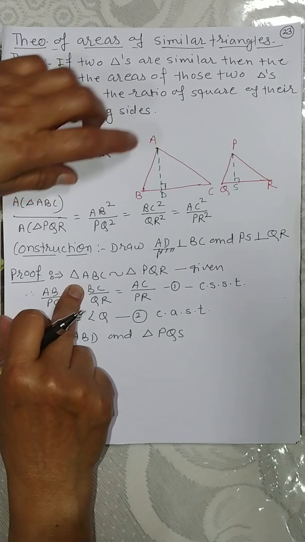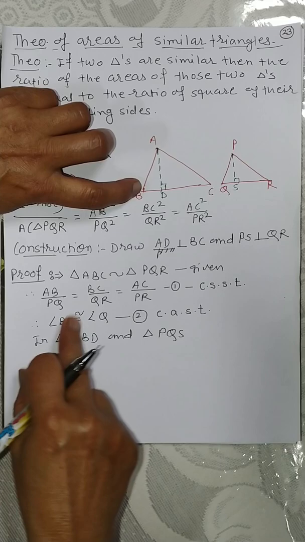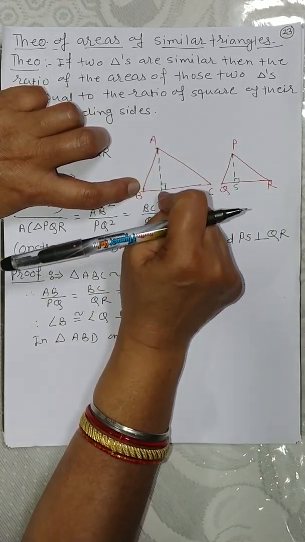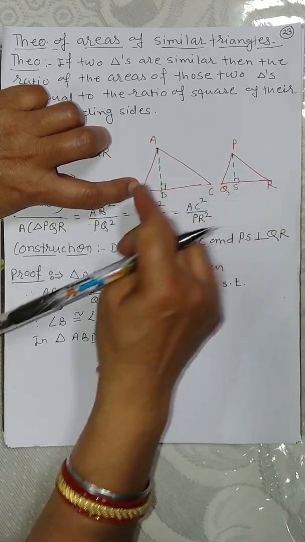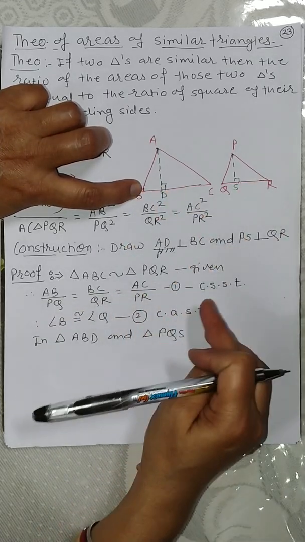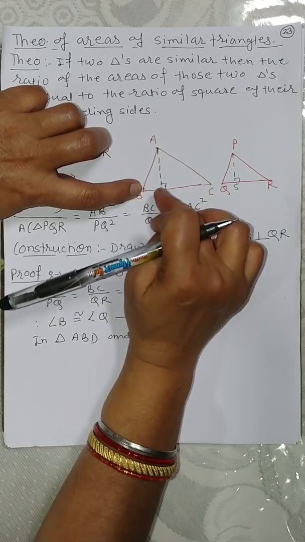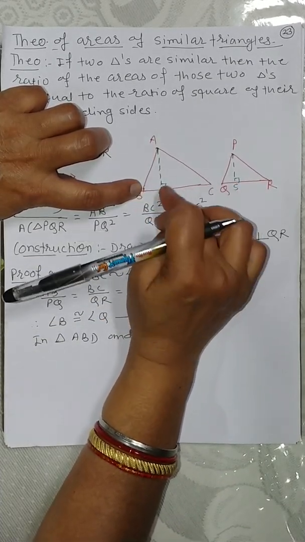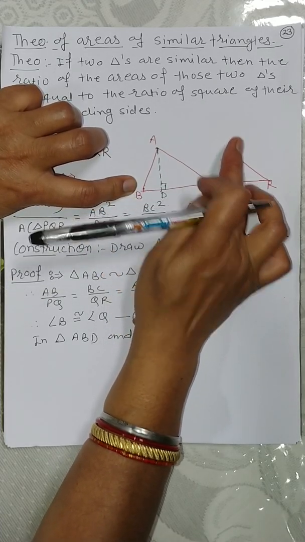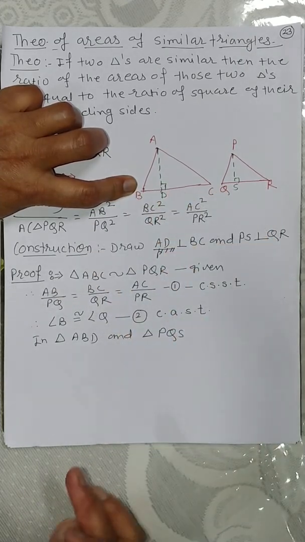Now in these two triangles ABD and PQS, here we got this statement angle B congruent angle Q. So this is from 2, and angle ADB congruent angle PSQ, both 90 degree. These two angles are 90 degree and therefore they are congruent. So therefore this triangle ABD similar triangle PQS by AA test.